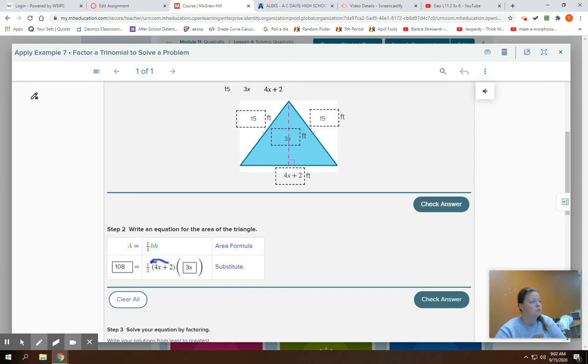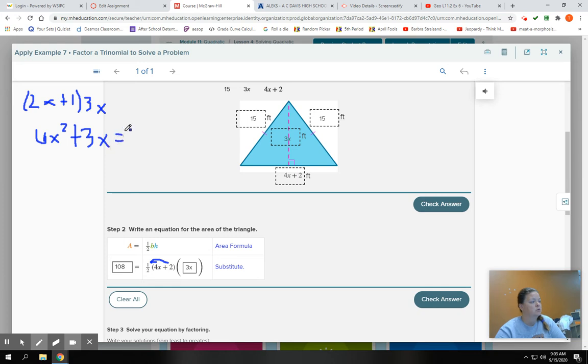So half of 4x, 1/2 times 4x is 2x. 1/2 of 2 is 1. And that's all going to get multiplied by 3x. So we're going to have 2 times 3, that's 6x squared plus 3x.